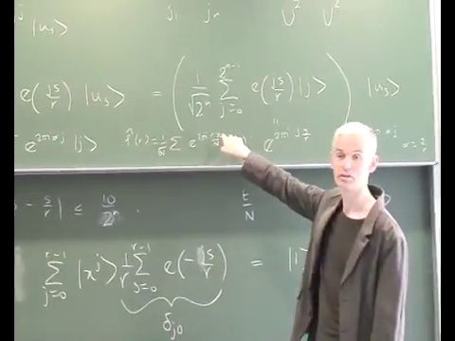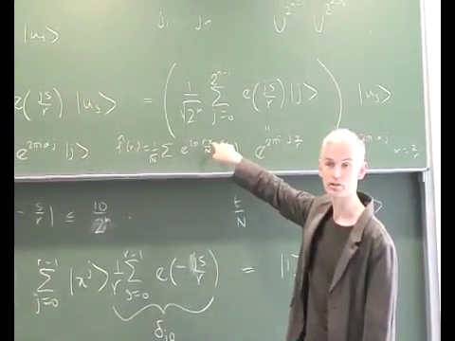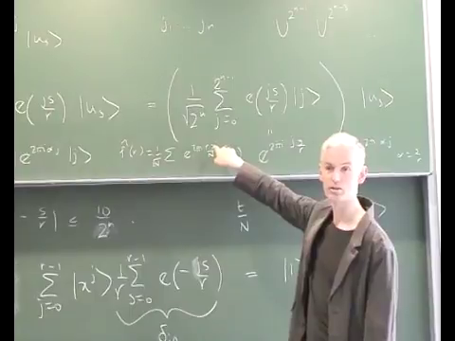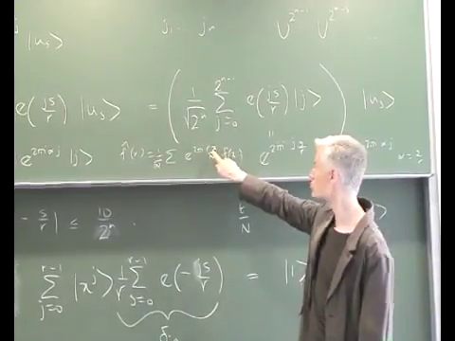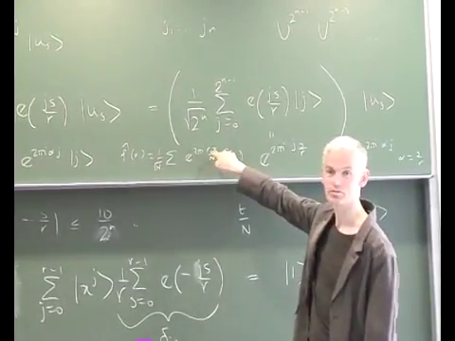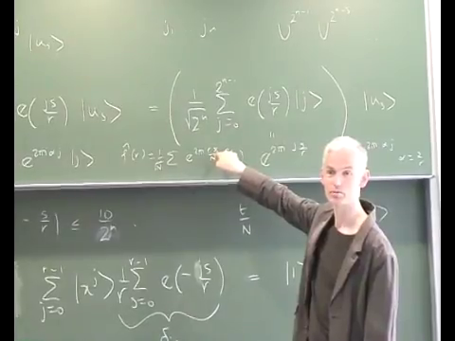And it's this over n, which in our case is 2 to the little n. So we've got two integers here, but we mustn't forget the division by n in the Fourier transform.